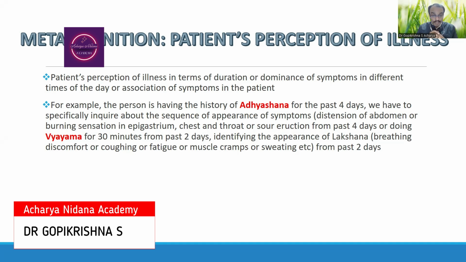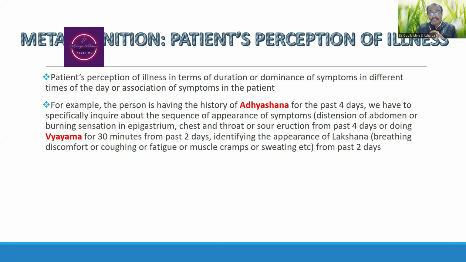Let us say, for example, if the person has been taking adhyasana for the past 4 days, we need to know the exact sequence of appearance of symptoms. If the person has distension of the abdomen, there may be a possibility of Vata dosha increase. Otherwise, if the person has burning sensation in the epigastrium, there may be a possibility of Pitta dosha increase.